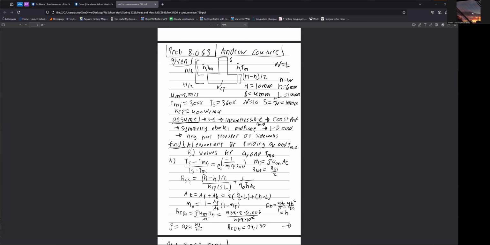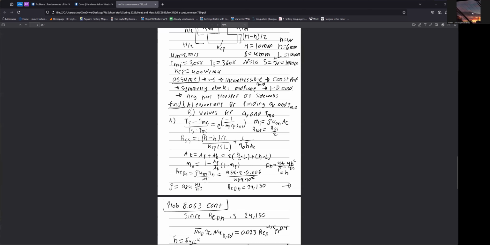But in any case, I don't want to get too far ahead of myself. I already showed you those. m-dot, the mass flow rate, is rho u A_c. So just the mass of the fluid going through the tube at any given time. A_t, that's the area of the tunnel.